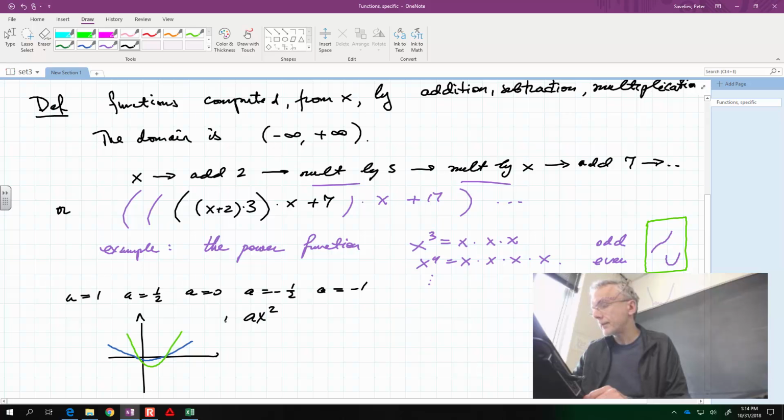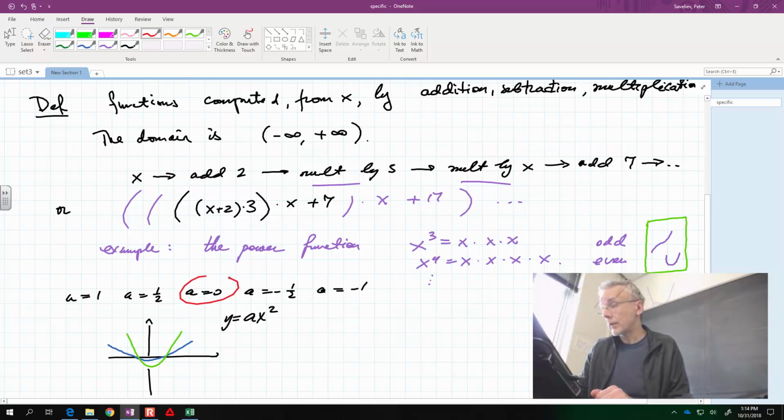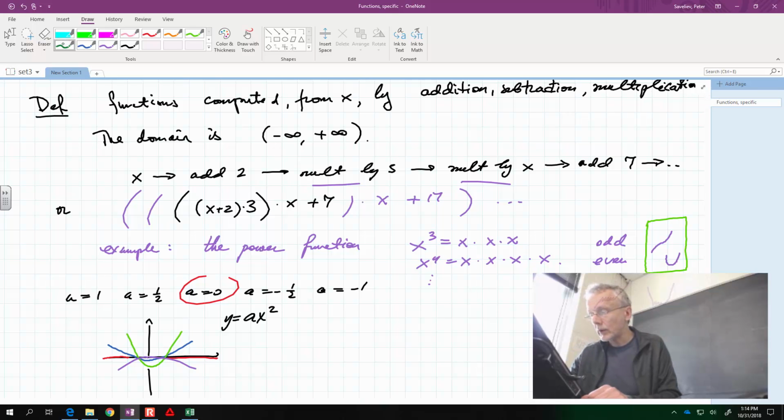As a goes to 0, y equals ax squared, the polynomial becomes flatter, and then a is equal to 0 and it is crushed into the x-axis, right? In this extreme case, it becomes horizontal, and then as we progress to negative values of a, it becomes turned upside down, still flat, and then as we get to a equal to -1, we finally have the upside-down version of our parabola, like this.